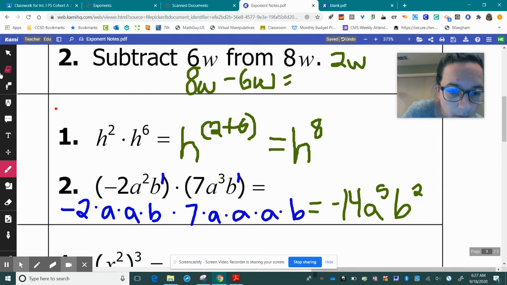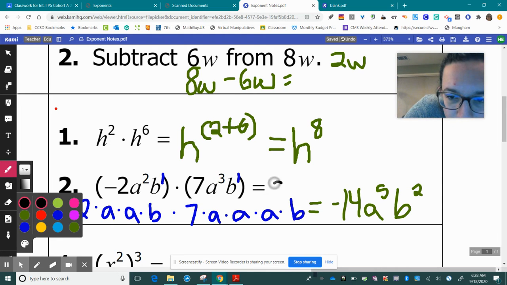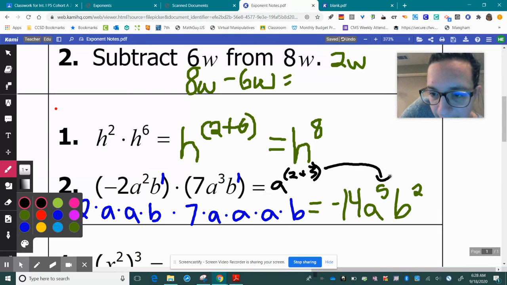Now, if we look at what we did here, a squared times a cubed, that would be a to the 2 plus 3. And look right there, 2 plus 3, 5. So you can use it using the product rule.